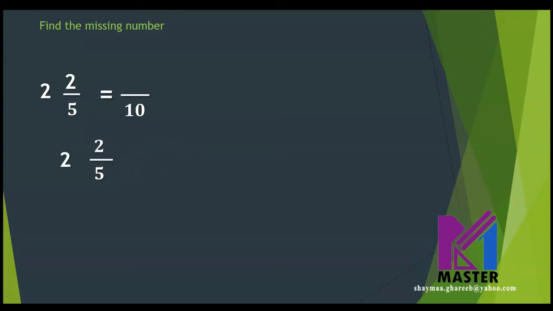Do you remember? We should multiply the whole number by the denominator. 2 times 5 equals 10. Then I will add the number up, which is a 2. So 10 plus 2 equals 12. Then I can write this as 12 over 5.